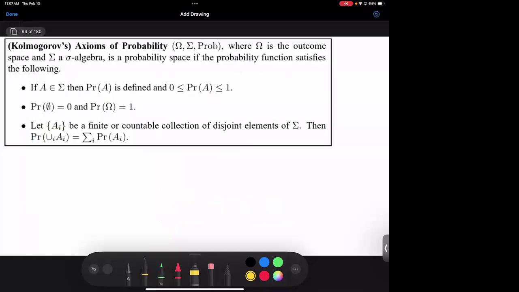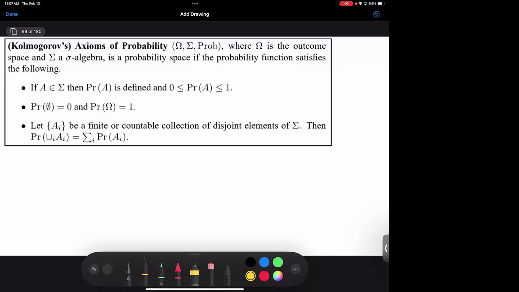Just so you know a little bit what's going on, at the high level, we have a triple. We have some space omega, and then sigma is going to be a set of subsets of omega where we will define probability. And then we want our probability function to have a couple of rules: any event that we are allowed to define a probability for gets a probability between 0 and 1. The empty set has probability 0.